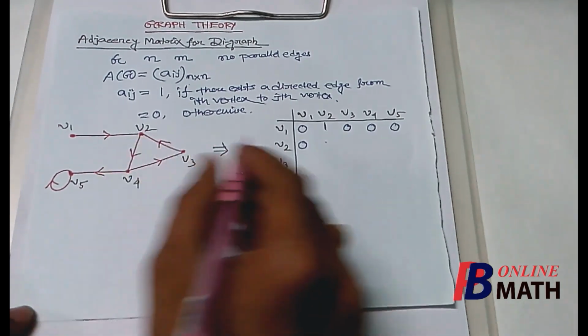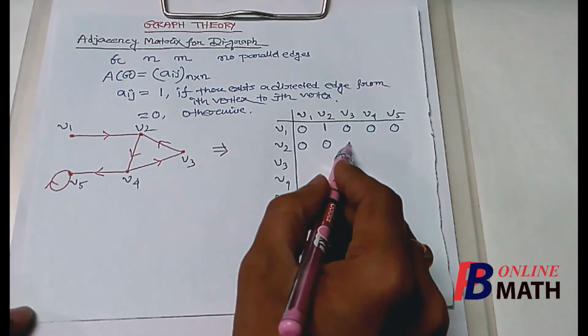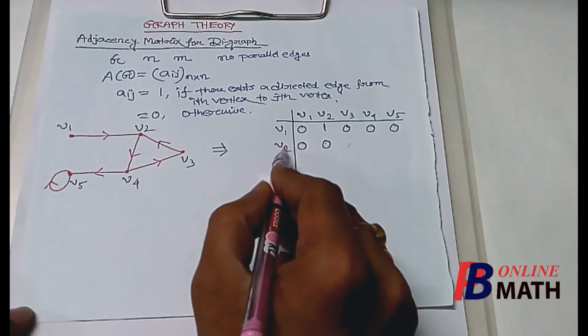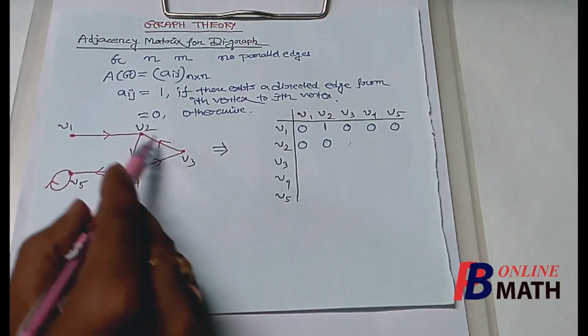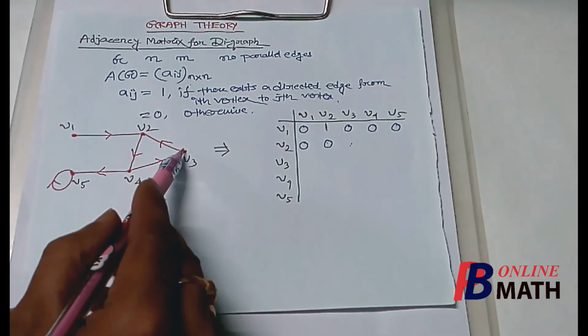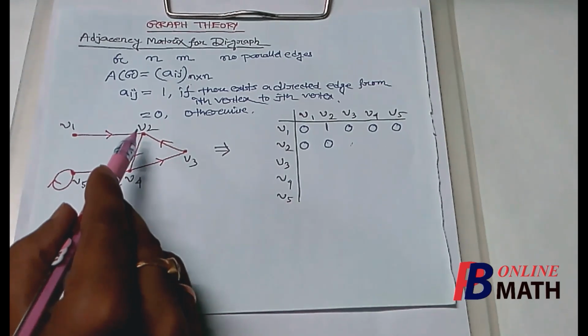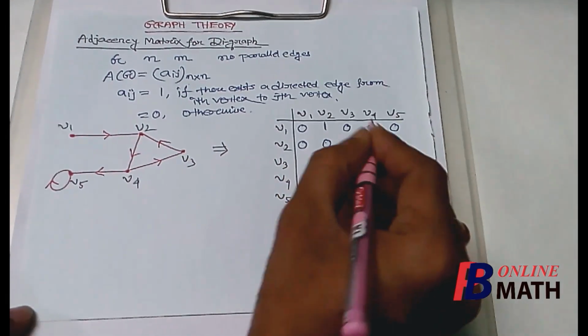There is no loop at V2, so we put 0 here. Next one is this one. Let us check whether there is any edge from V2 to V3 or not. We find that there is no edge from V2 to V3. There is one edge from V3 to V2, but there is no edge from V2 to V3. So we put 0 here.